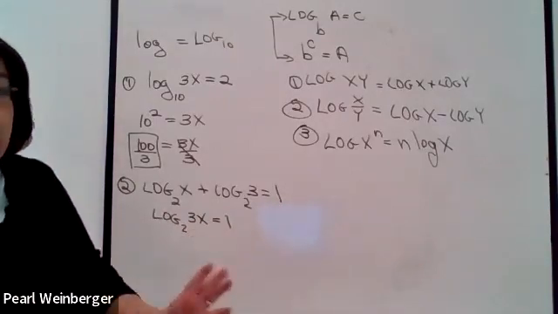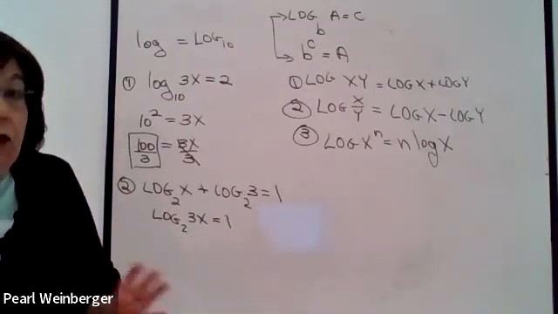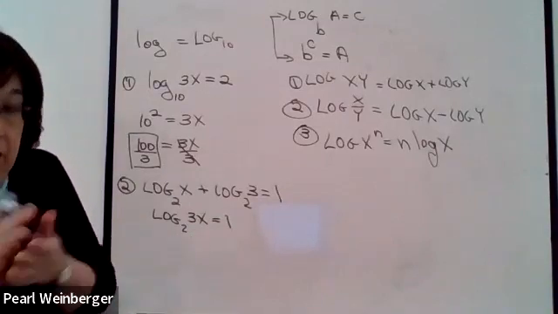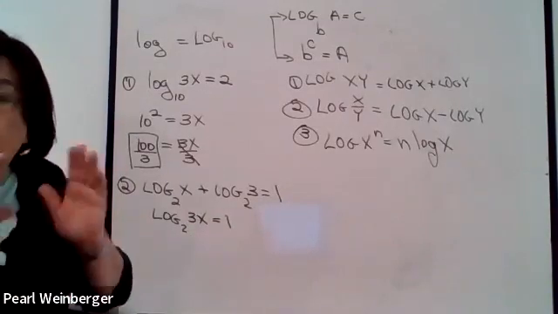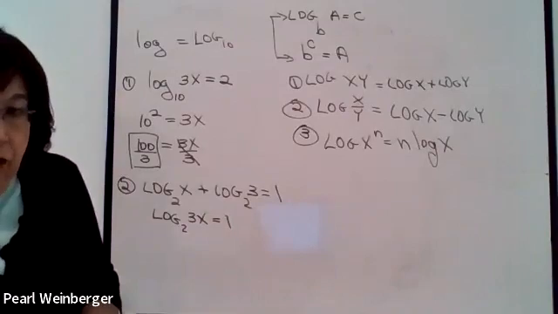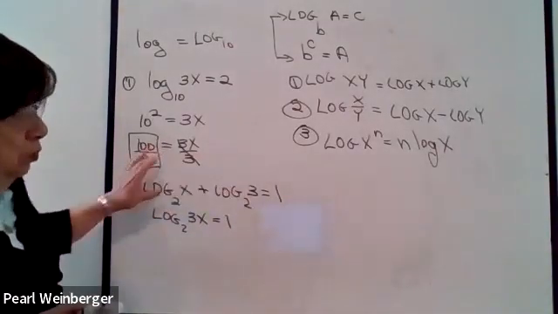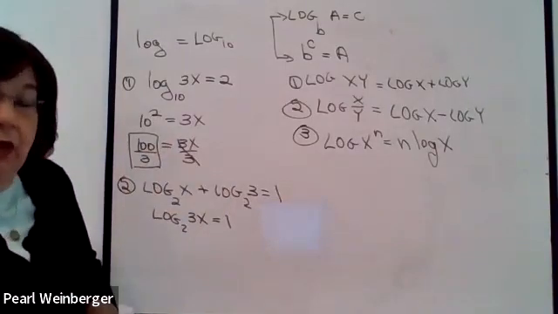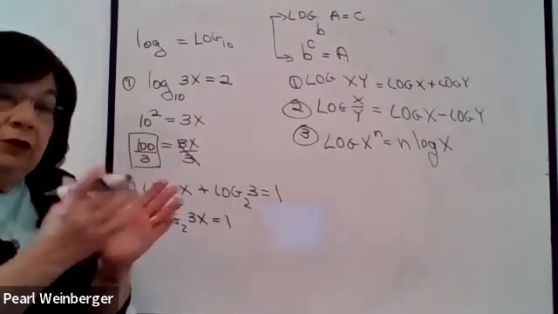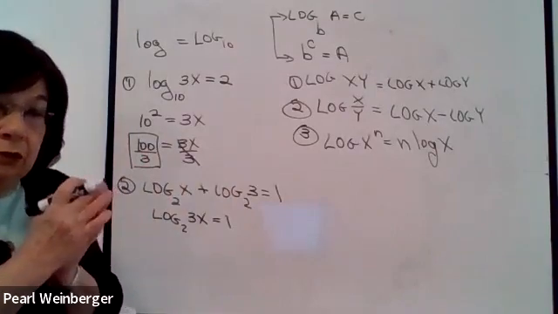So this is the big thing to remember. If you have a log equation and it's a single log equaling a number, right away go to the exponential form. If you have a log equation that has more than 1 log on the side, then you're going to have to contract. You're going to have to put them back into a single log.